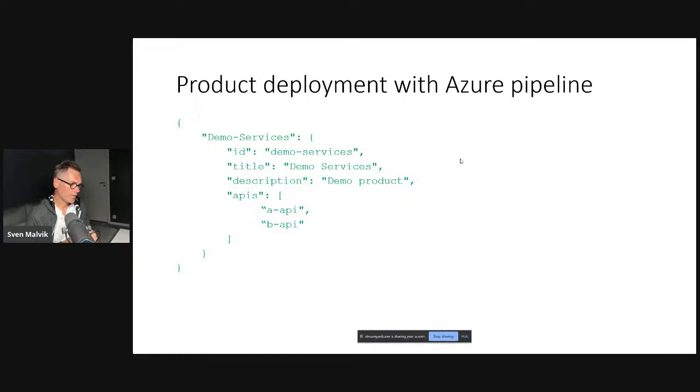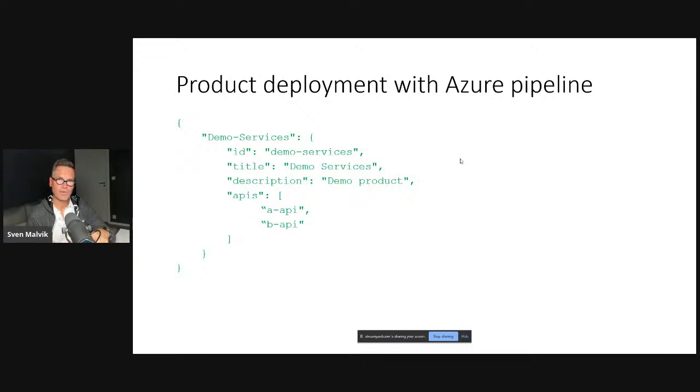So a product deployment at our place looks like this. Adding an API to a product is just one command: Add API to product. It's an Azure PowerShell command that you can apply. But this is based on a JSON file that we have.